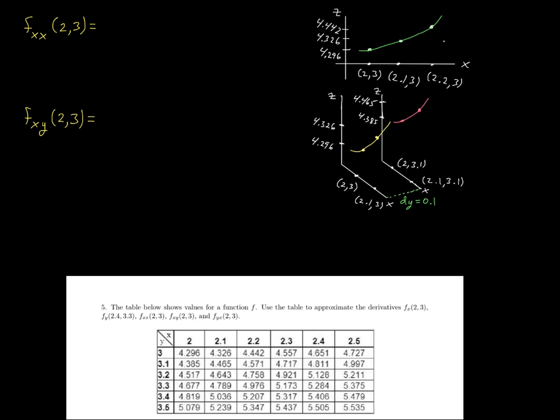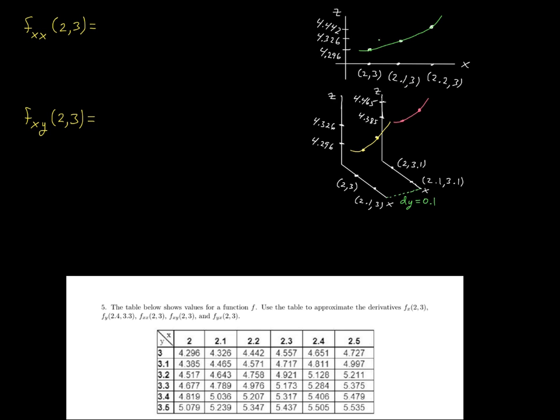I've drawn a little cross-sectional view here. Here we are at (2, 3), our base point, which we know from the table has an altitude of 4.296. Now if I march forward one tenth of a unit in the x direction, that's going to put me at (2.1, 3), just like in the last cross-sectional view we had.